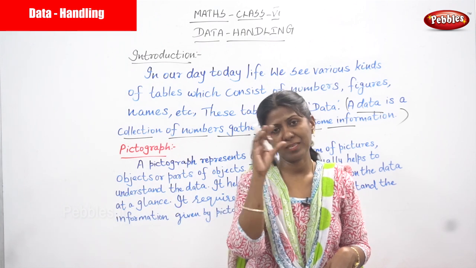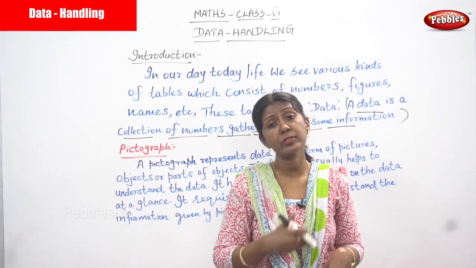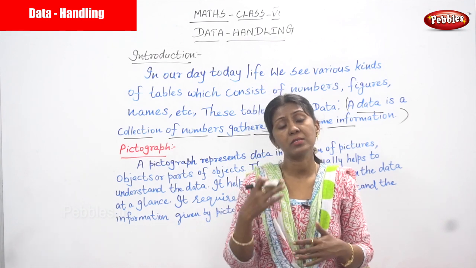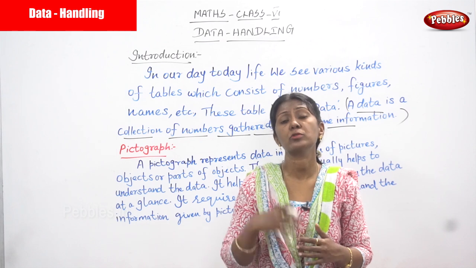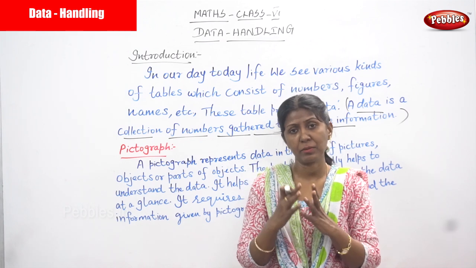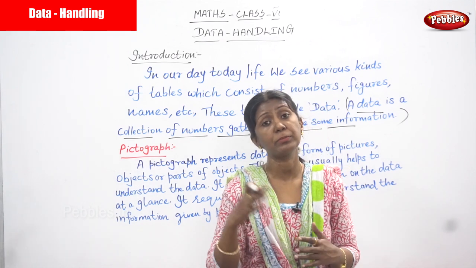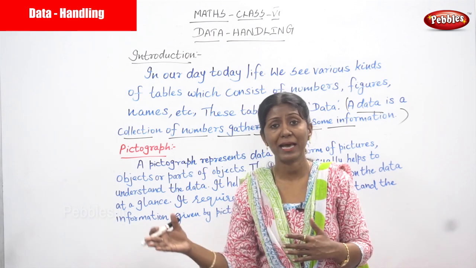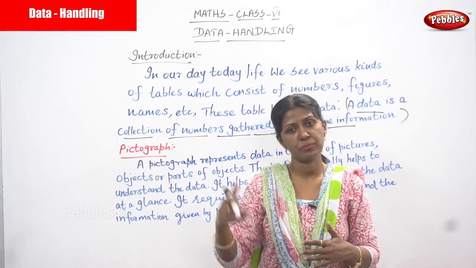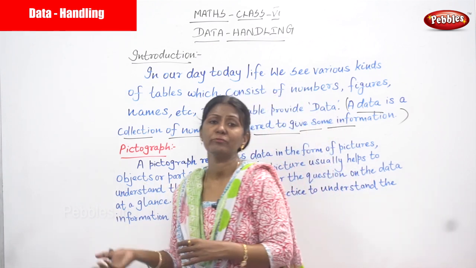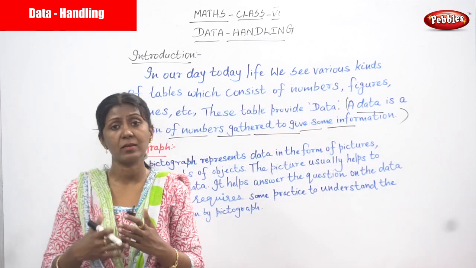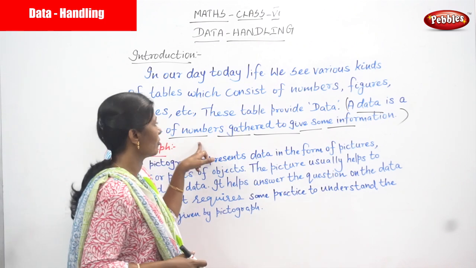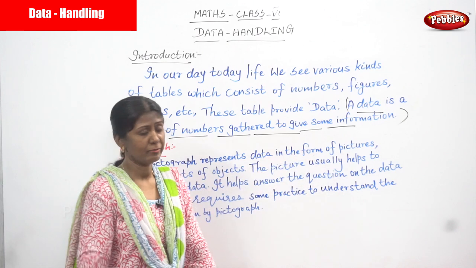In the particular section you mention, we enter all the students' numbers in the particular table. After this we collect information about the students' academics, how they perform in the quarterly, half-yearly and annual examinations. Different subjects are there. These are called data. A data is a collection of numbers gathered to give some information.